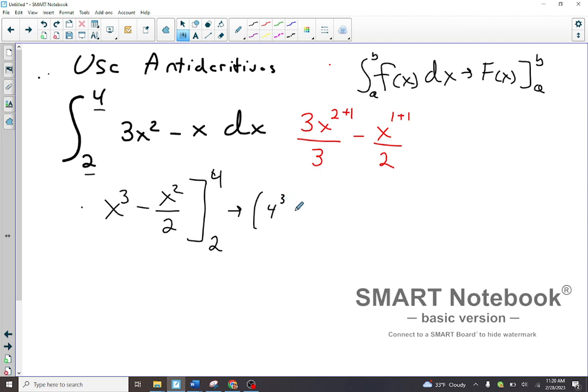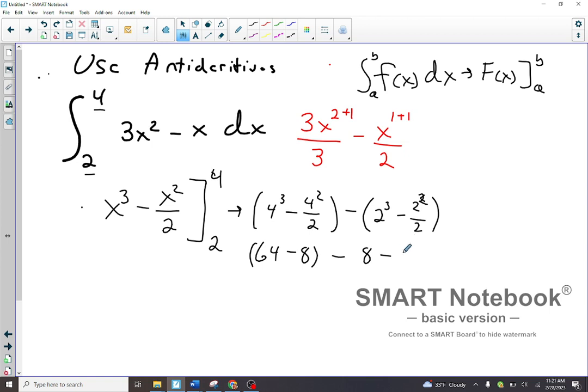So 4 to the third power minus 4 to the second power divided by 2, minus 2 to the third power minus 2 to the second power over 2. So this is 4 cubed, 64. 16 divided by 2 is 8, so 64 minus 8, minus 8 minus 2 squared divided by 2 is just 2, so 2.